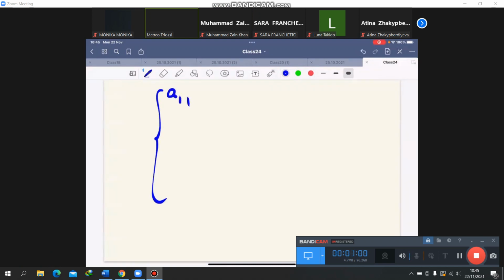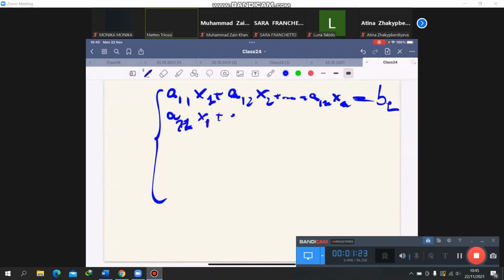Say a1,1 x1 plus a1,2 x2 plus a1n xn equal b1. a2,1 x1 plus a2,2 x2 plus a2n xn equal bn.